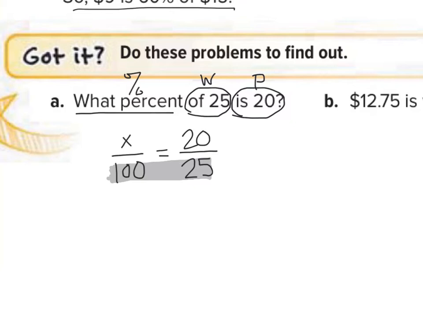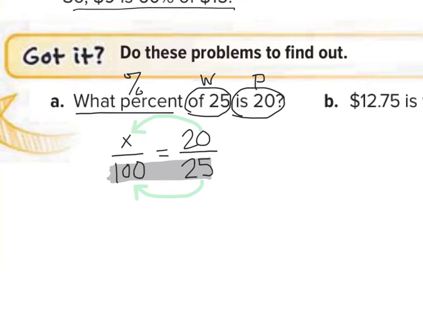I call this scaling up. It's when you're making an equivalent fraction by figuring out how you get from one number to another. It's either multiplying or dividing. So 25 times 4 is how you get to 100. So 20 times 4 would tell you what the missing number is for that numerator there. So 20 times 4 is 80.